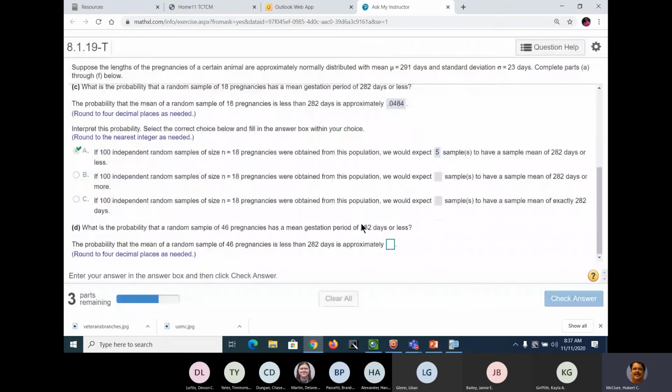Okay, now you do this one. What is the probability that a randomly selected sample of 46 pregnancies has a mean gestation period of 282 or less? So now they're asking for 46 people. So go ahead and try that one.